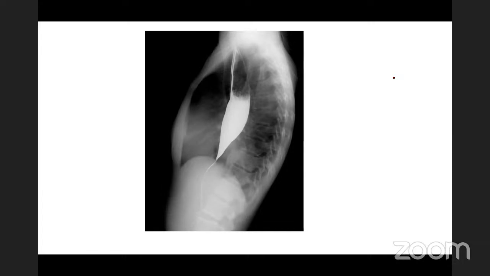If you see an image like this on your picture test, it is a barium swallow. You can see contrast outlining the esophagus. When a contrast outlines the esophagus, that is barium swallow. If it outlines the stomach, that is barium meal. If it outlines the small intestine, that is barium meal and follow through.